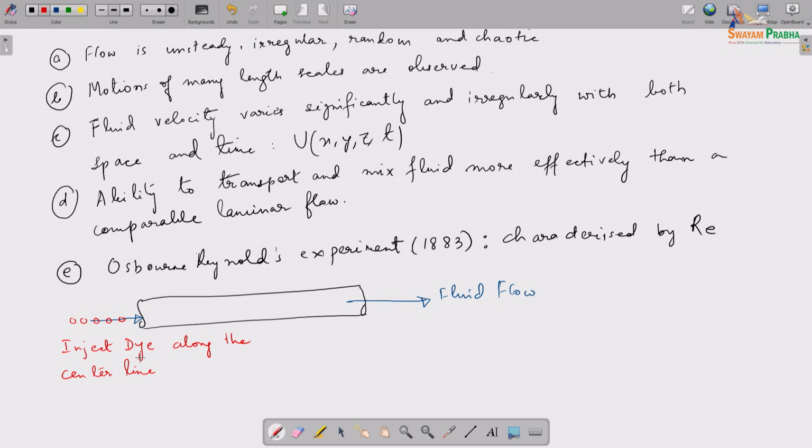Now, for this particular experiment, Reynolds basically came up with certain values.